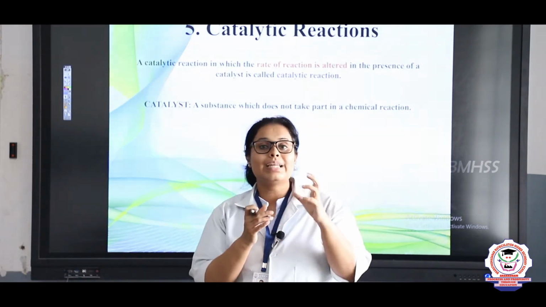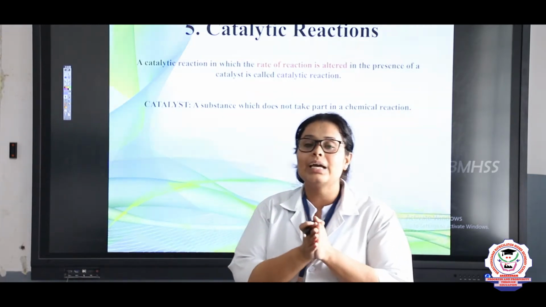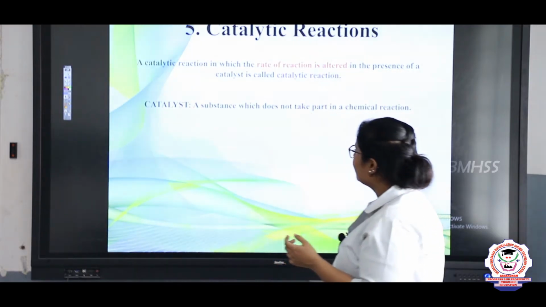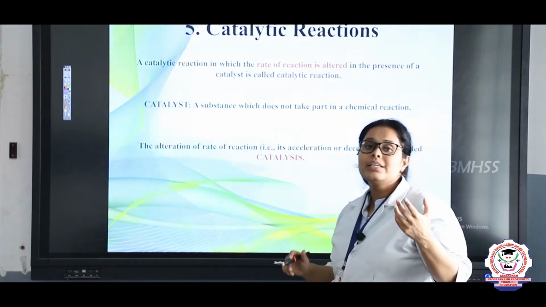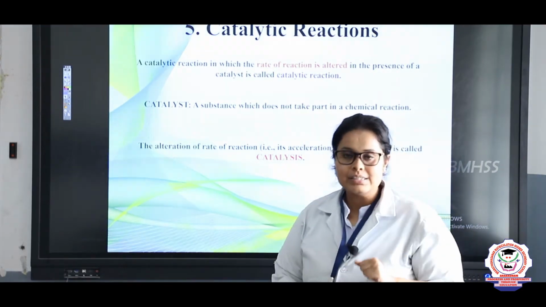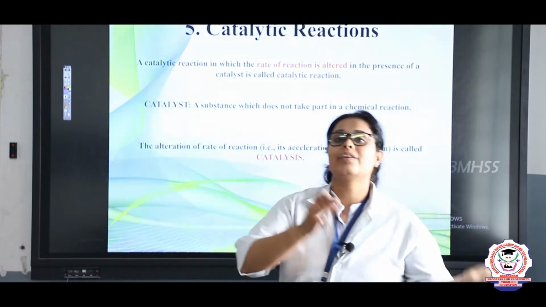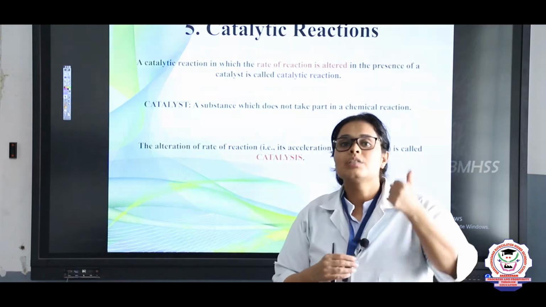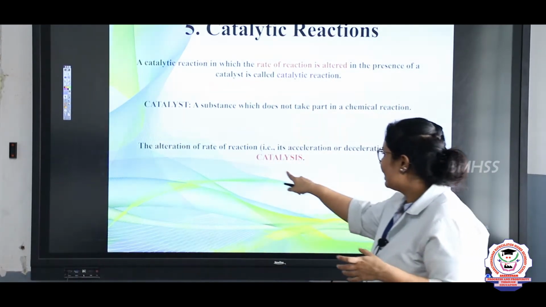Later, when you get the product, there will be no catalyst present in the product. Now let us see what is catalysis. Whenever you are using a catalyst and it accelerates or decelerates the reaction, accelerate means fast, decelerate means slow, this process is known as catalysis.